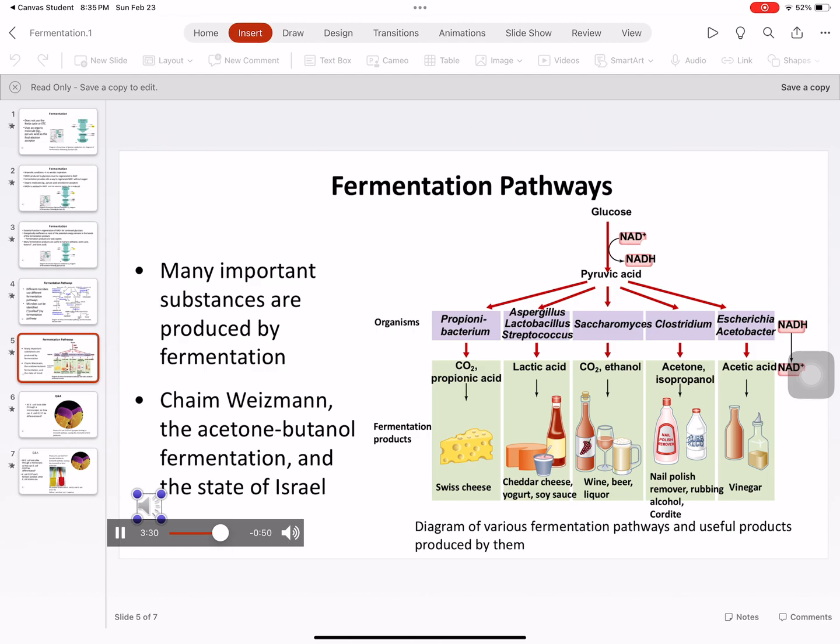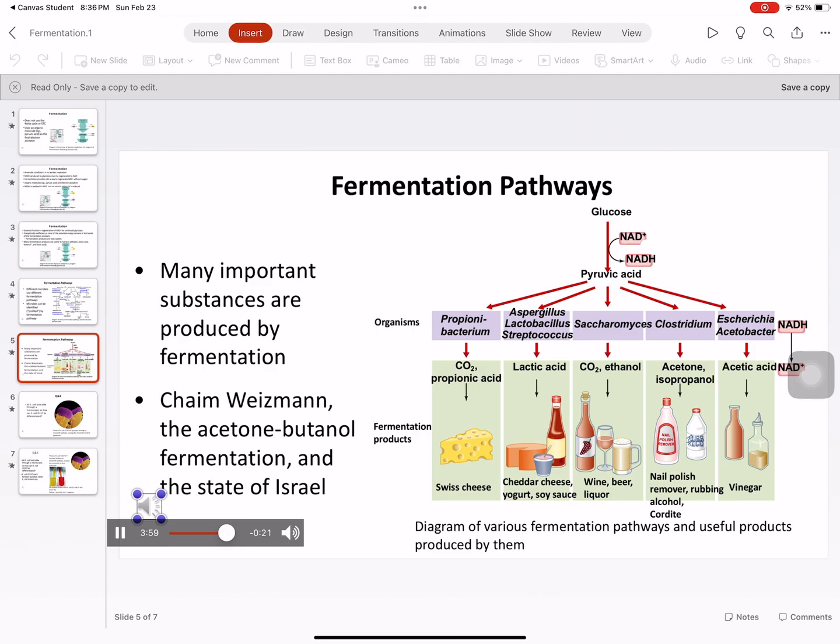But as a Jewish person, I'm very concerned about what's happening to my people in Europe, where now the Nazis were rounding people up and shipping them off to concentration camps and killing them. And so his price for the use of his patents was that there be a state of Israel.